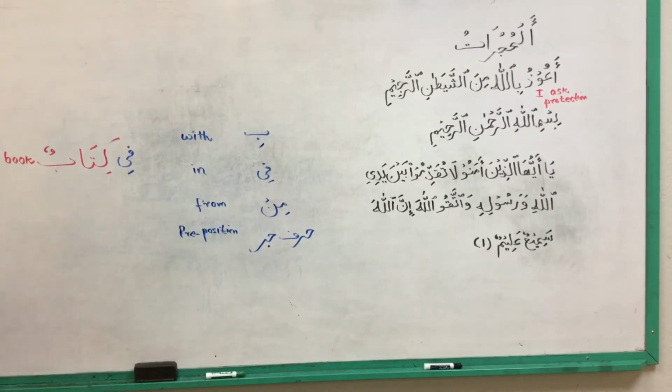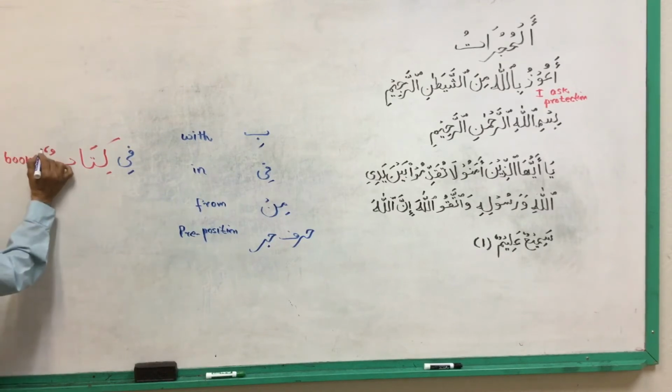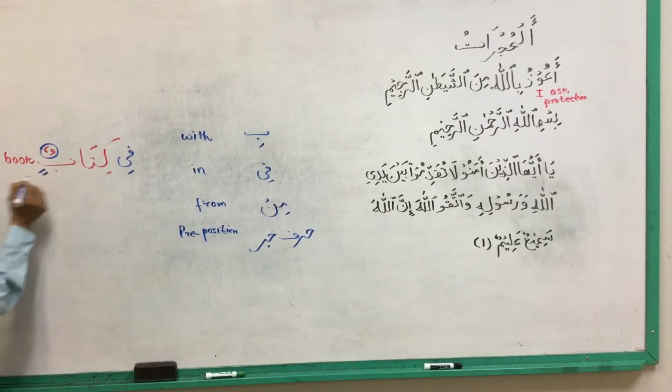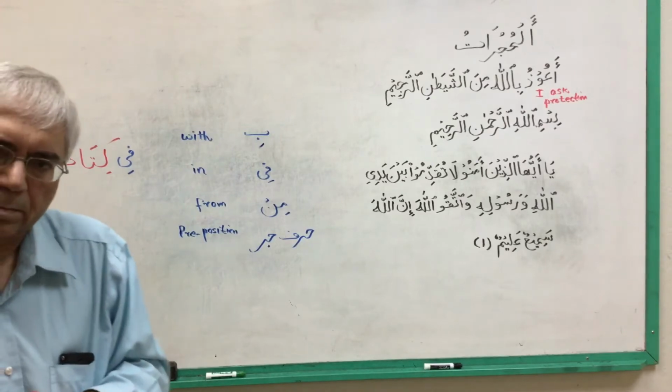The effect is this. It will always look at the last letter, first of all. The last letter is this ba here. Then it will look at what the sound of this ba is. Two dhammas. So harf-jar says, I don't like this, I'm going to pronounce it this way: fi kitabin.